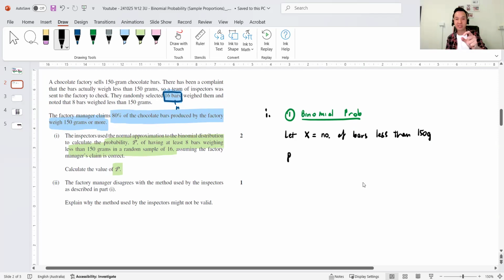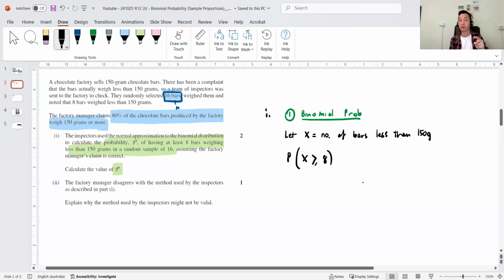So if X is weighing less, I want at least 8 weighing less. So basically I want P of X greater than or equal to 8. There's a bit of a confusion point where it says the words less than 150. Less than 150 is just my variable, but I want at least 8 of them. So that's actually what I want.